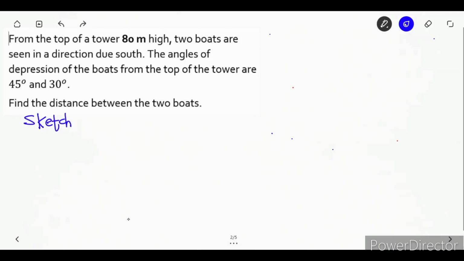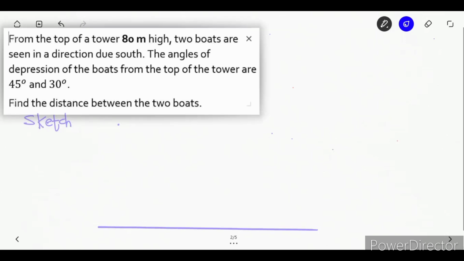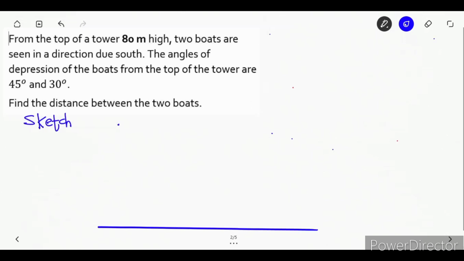So the first thing I'm going to do here is to have my sketch. I'm going to draw a horizontal leveled ground. And I'll put this here. This will represent my tower.